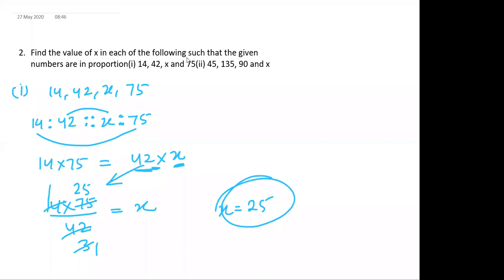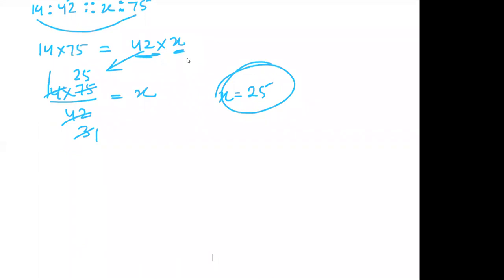Okay. Now let us do the second part. Second part is 45, 135, 90, x. So first of all, write them in proportion form so that you can solve the given question. 45 ratio 135 proportion 90 ratio x.